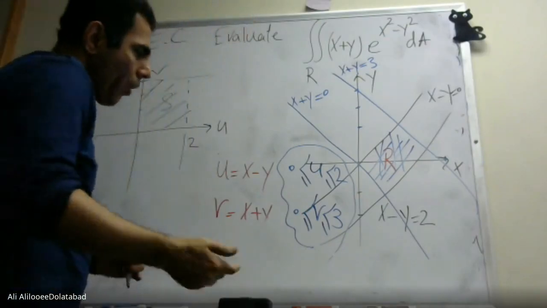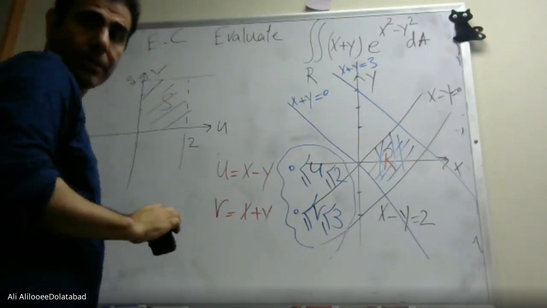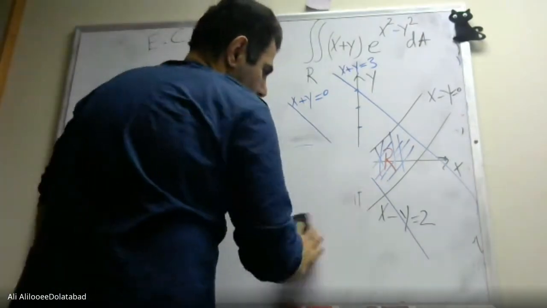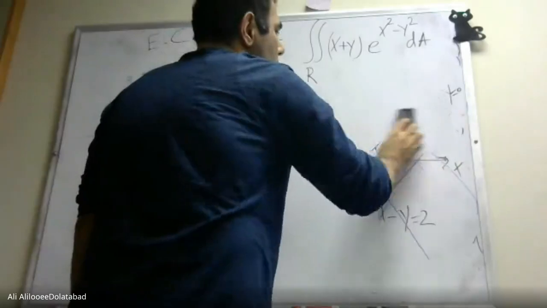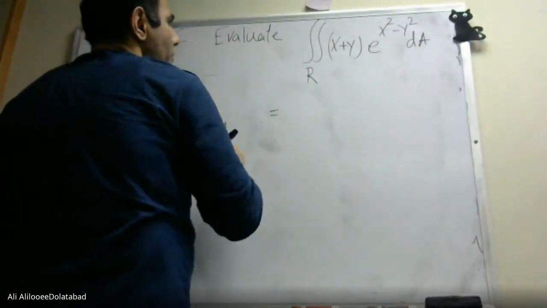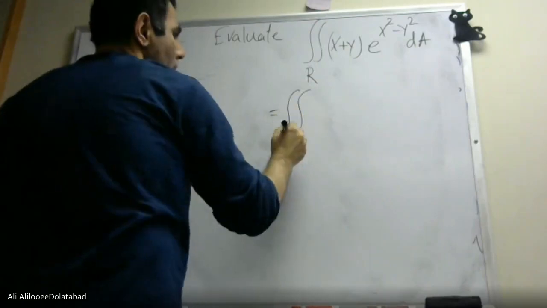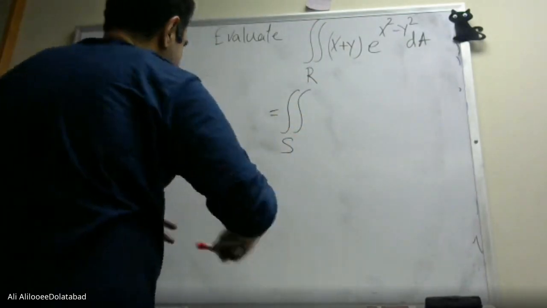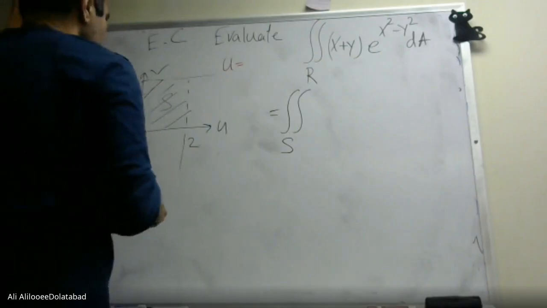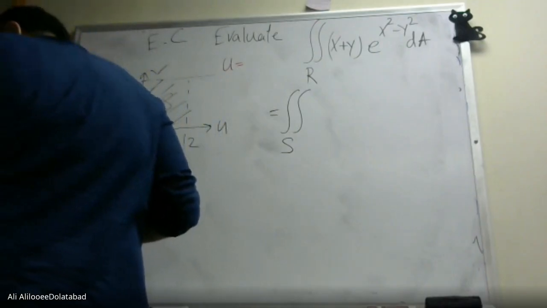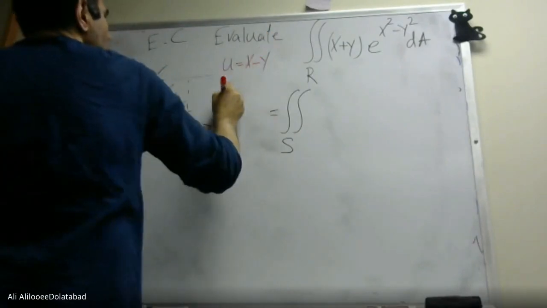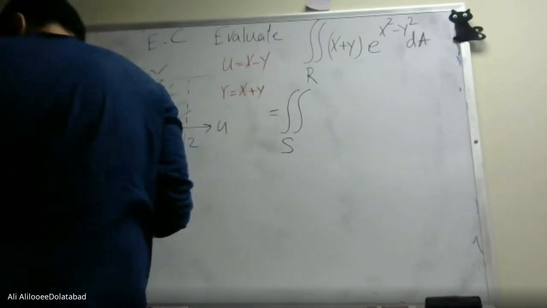So now we are ready to evaluate integrals. Let me see, this is the integral on S. So I defined u as x minus y, v as x plus y.